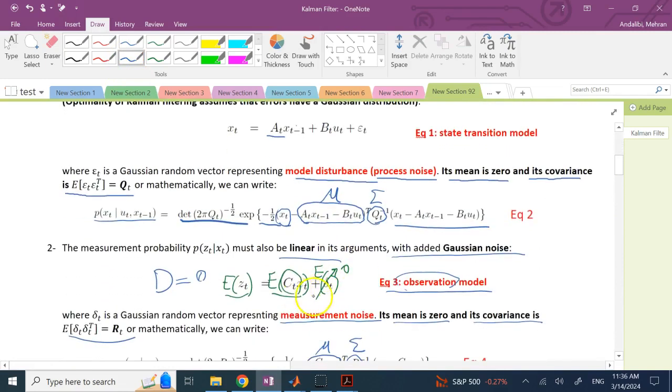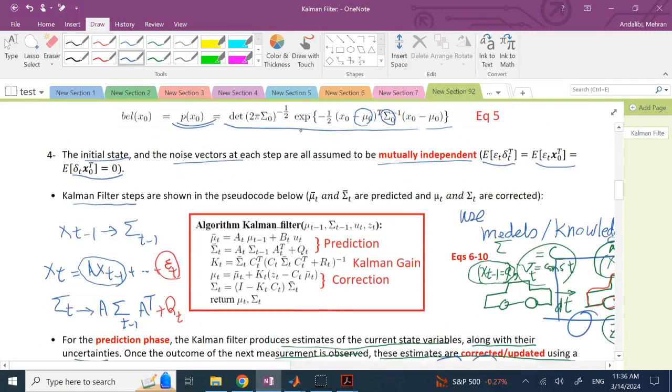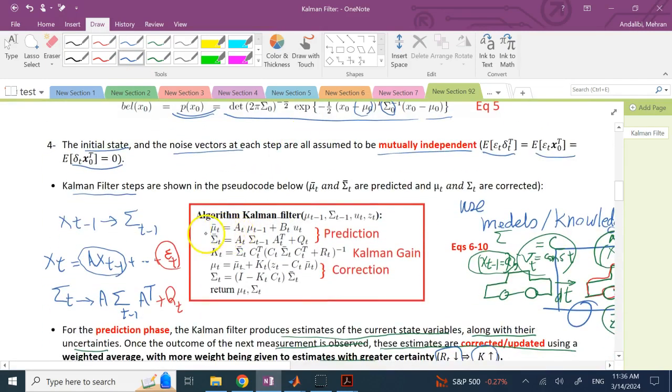A and specifically C. These are the things, especially A for state transition. Here, look, I'm transferring the previous mu to the new mu through A and B, and I'm also using my C matrix in the update step, the correction step, right?